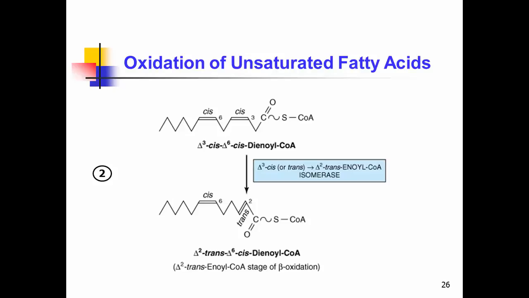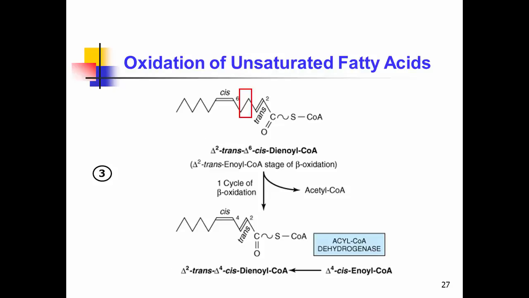So then you expose, or make available, the single bond between carbons 4 and 5, right? In this position, the enzyme is actually able to break down the carbons. So then you go another round of beta oxidation to remove carbons 4 and 5, generating one acetyl-CoA molecule.